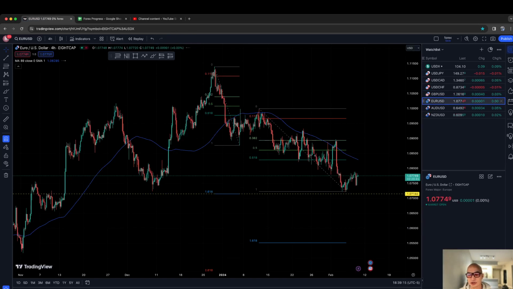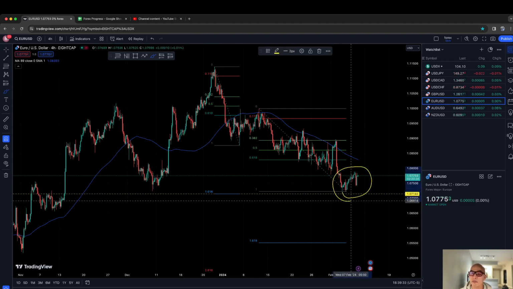Okay, Euro USD. Two days ago, as you guys see, my take profit was Fibonacci extension 1.618 at the price 1.0714, but I took the profit earlier because I had much better trade opportunities on USD Japan and USD Canada dollar.